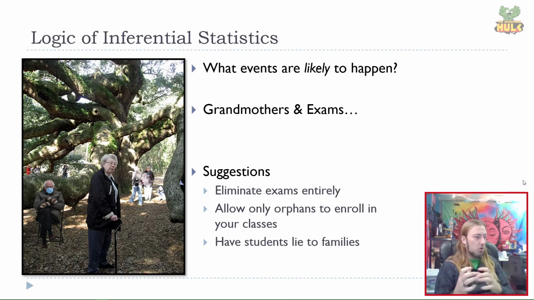If you compare the absolute probability of what the likelihood would be that a grandma would die on any given day, purely objective based on how many grandmas and how many days there are, this probability is way higher.